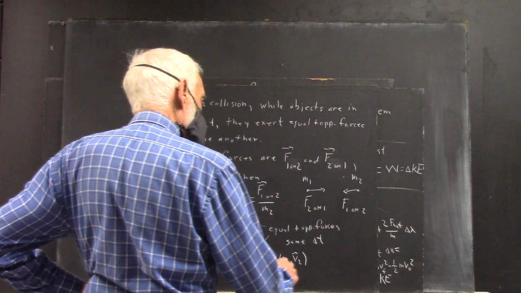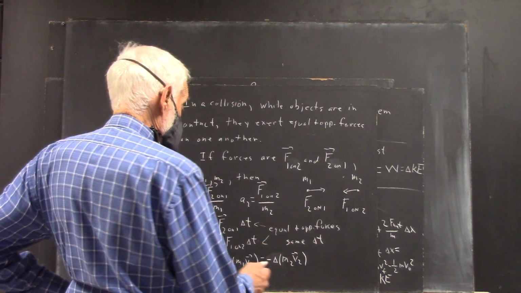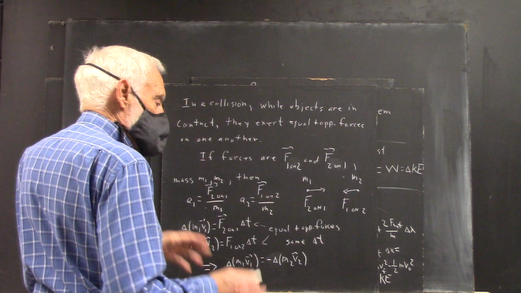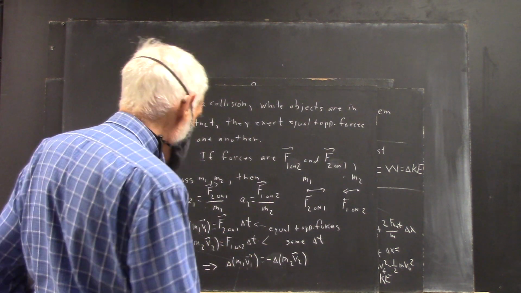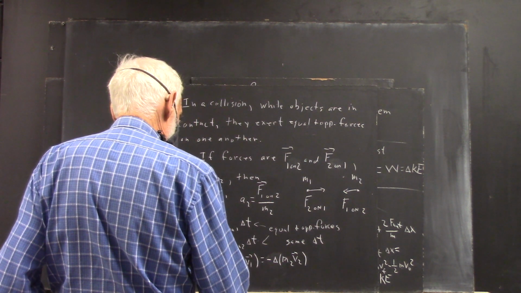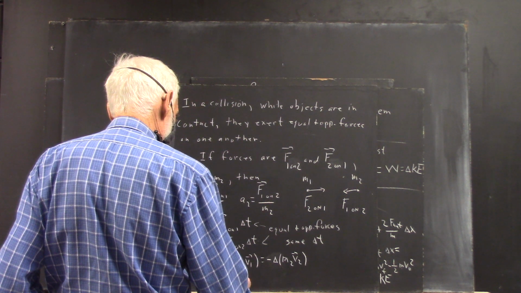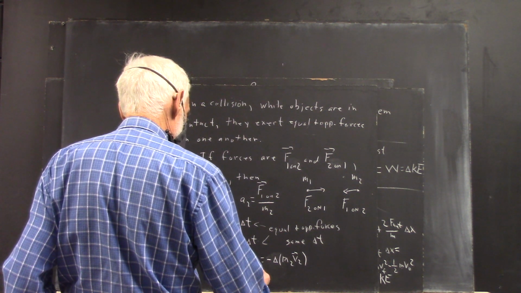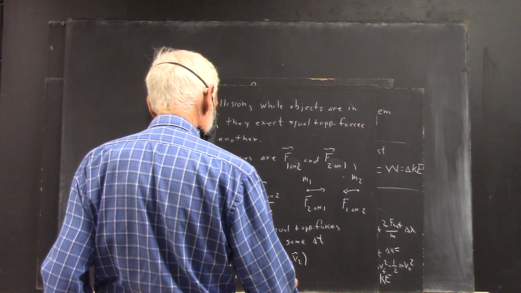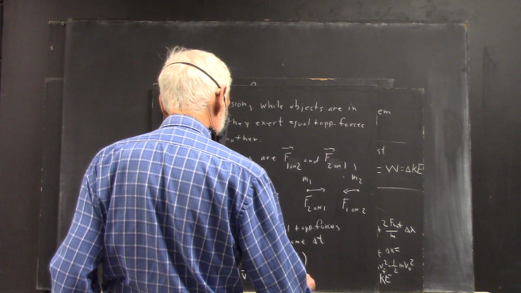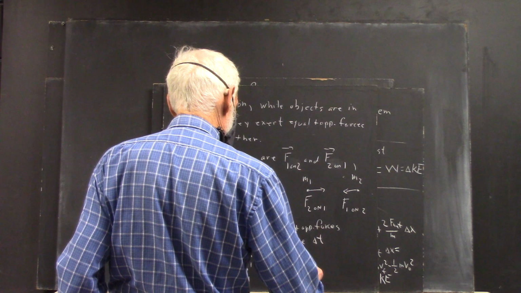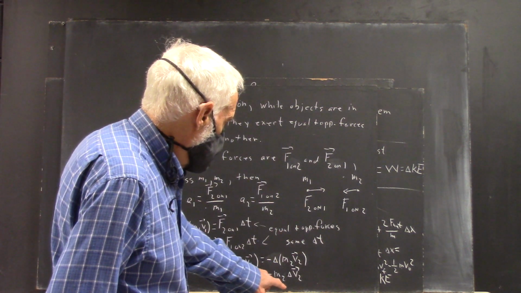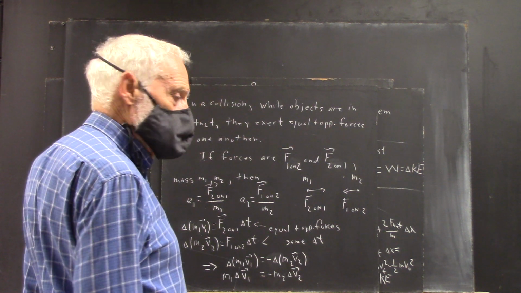If the masses are constant, change in MV is just the mass times the change in V. So I have M1 delta V1 equals negative M2 delta V2.